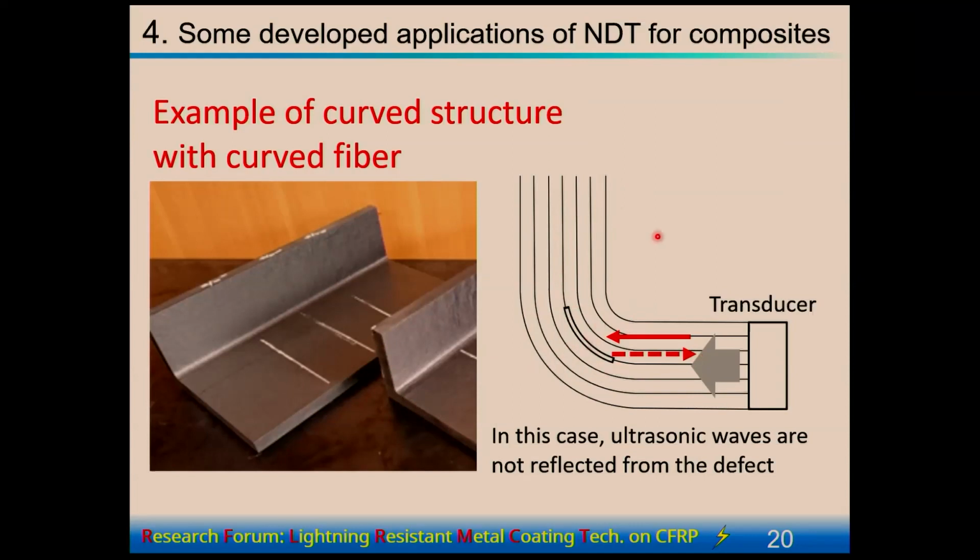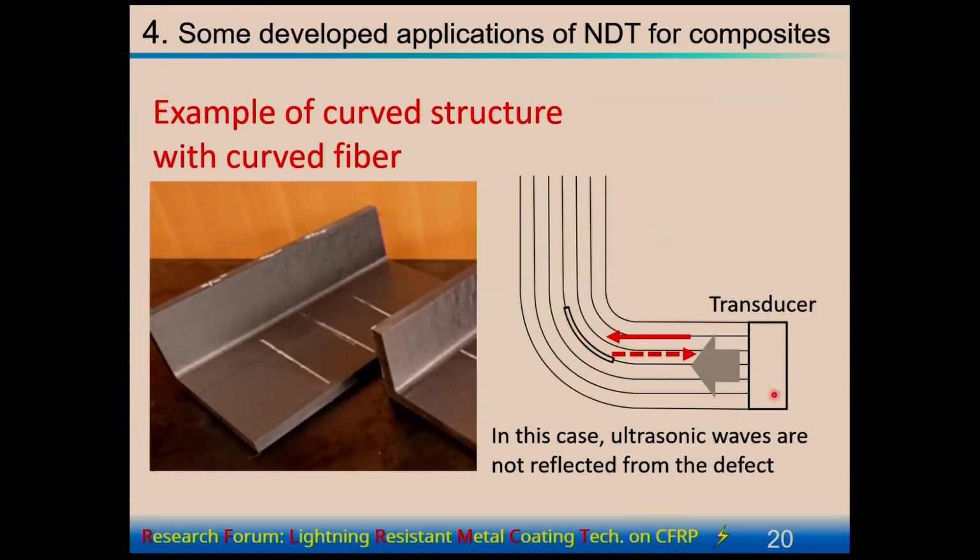So this is collaboration research with a company, and this company previously made these mechanical parts from metal materials and did the inspections of the corner defects by using ultrasonic testing.